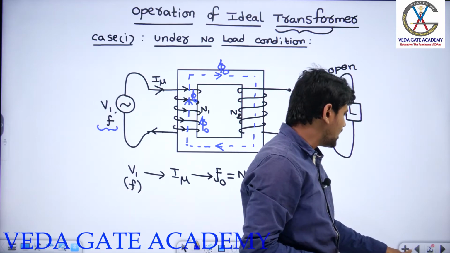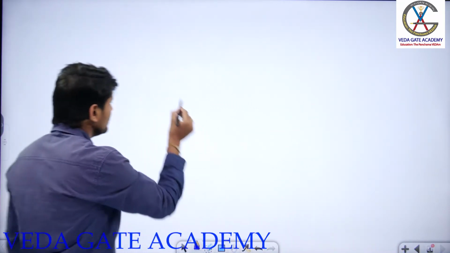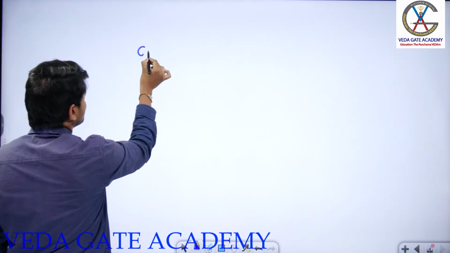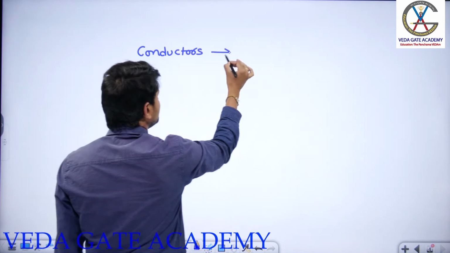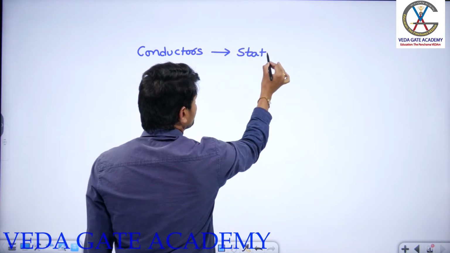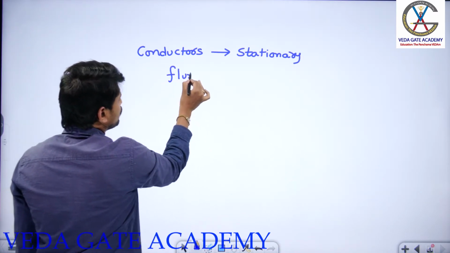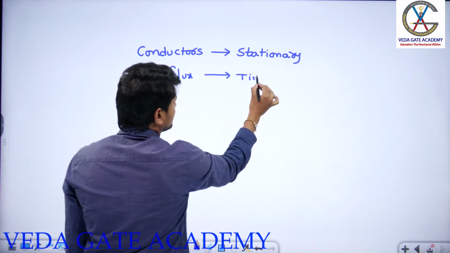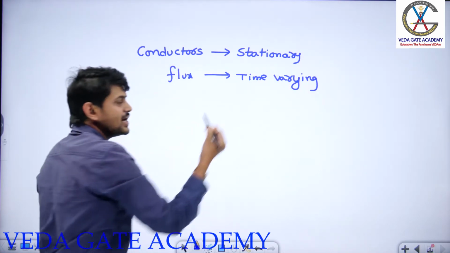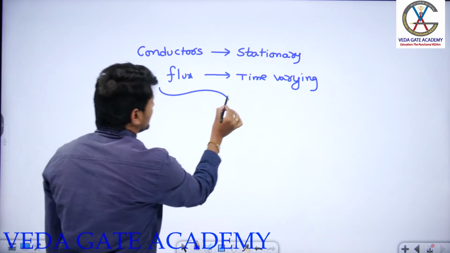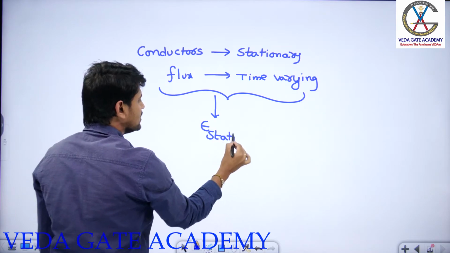That means whenever you have a group of conductors that are stationary, but the flux linking with those conductors is time varying in nature, such an induced EMF is called statically induced EMF.